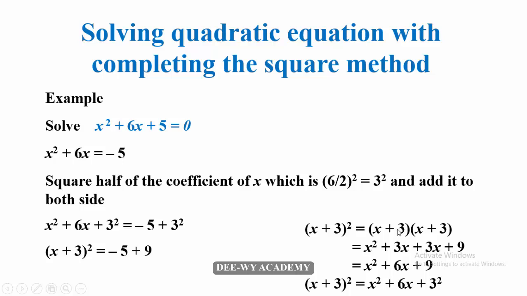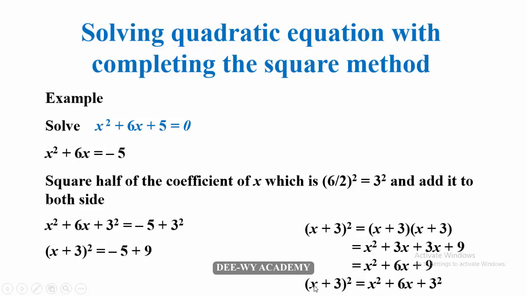We come to this value, which is 3 times x, we have 3x. And the last one is 3 times 3, which is 9. Then we have our x squared, 3x plus 3x, we have 6x and plus 9. Our 9 can be raised to the power of 2, which is 3 raised to the power 2.